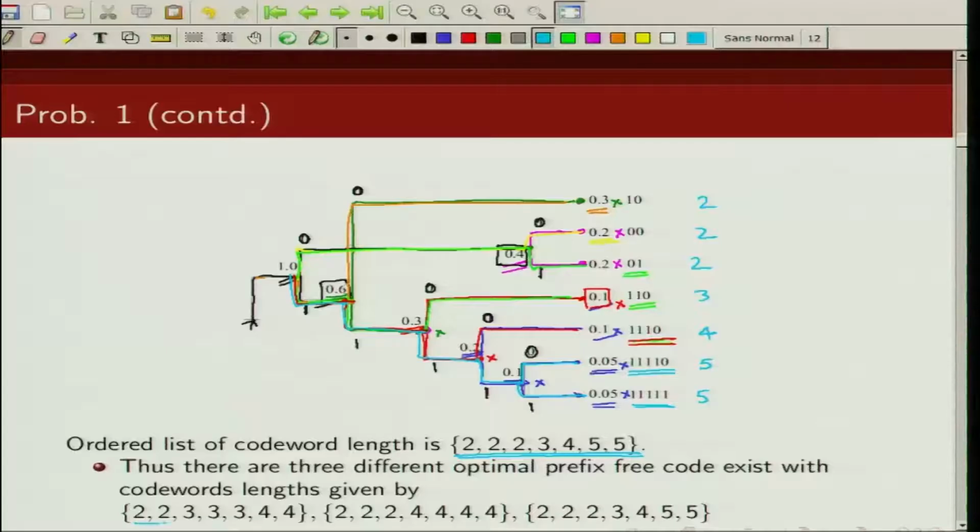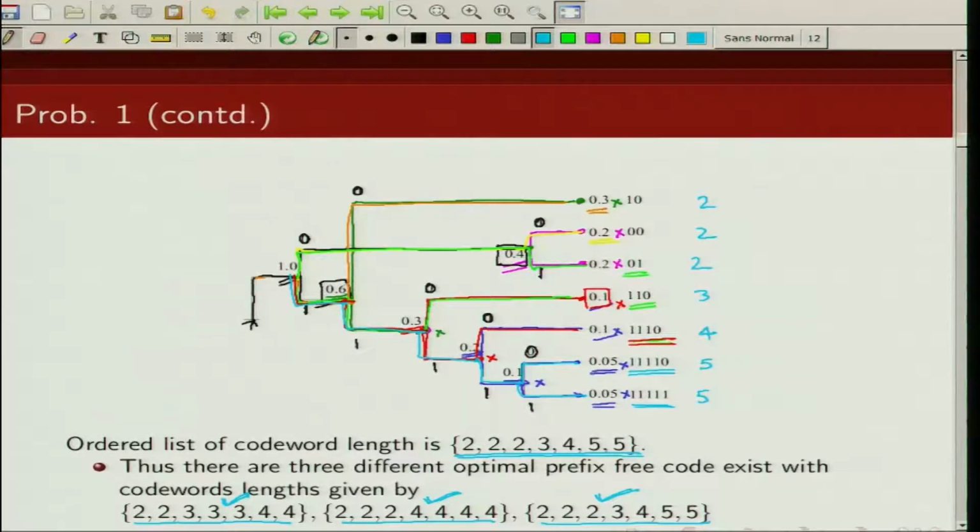So you can see from this example there are fundamentally 3 different ways in which you can have the ordered list of code word lengths. For codes 3.1 and 3.2 we had this particular ordered list. For code 3.3 we had this, and for code 3.4 we had this one.